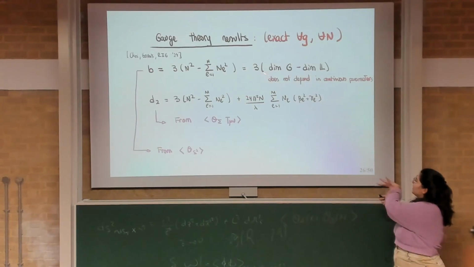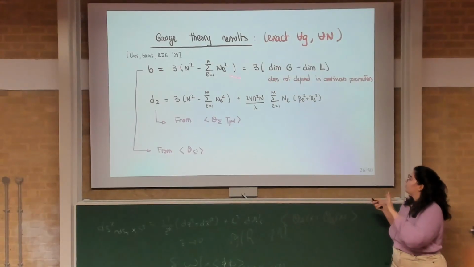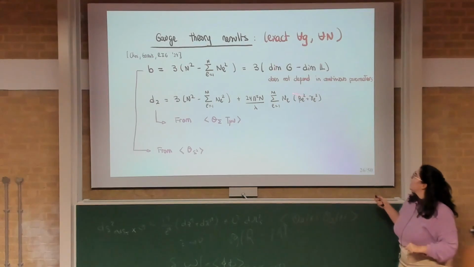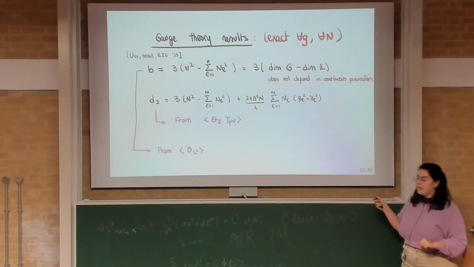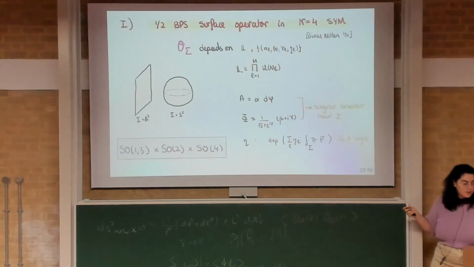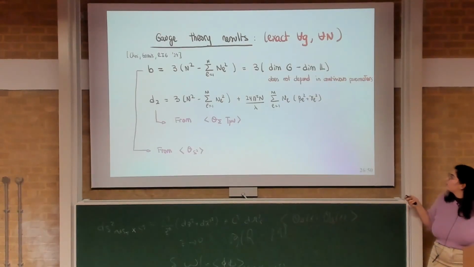But the important thing is that this result is exact, and we want to find it in the on-shell action. And you see that it doesn't depend on any of the continuous parameters that appear in the definition of the surface operator.